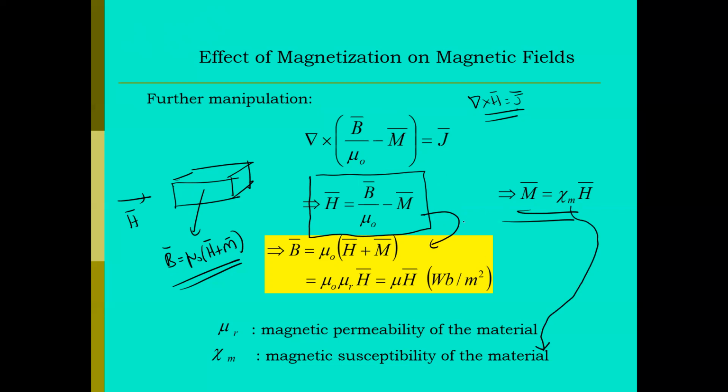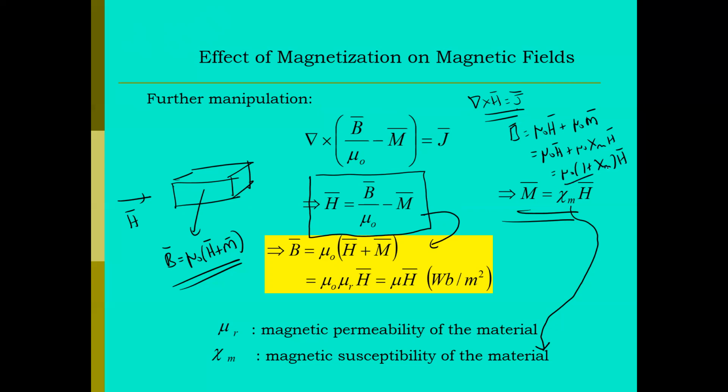From here we can write that this equals mu naught mu r H. If we write it carefully, B equals mu naught of H plus mu naught of M, which is mu naught of H plus mu naught kappa M of H, and that equals mu naught times 1 plus kappa M, times H.